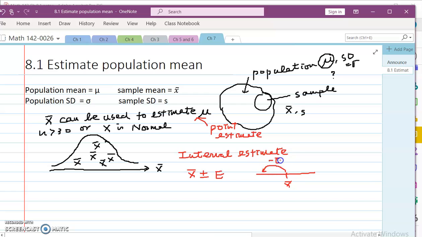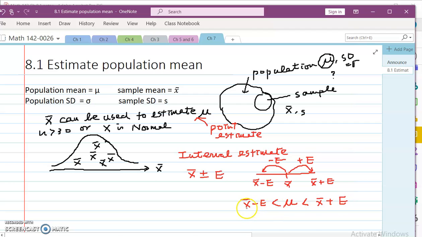It could be minus E, it could be plus E. So the mean time people sleep is 7 hours, but it could have a half hour error, plus E like that. This would mean you can say the mean is between X bar minus E and X bar plus E, if you can find the margin of error.